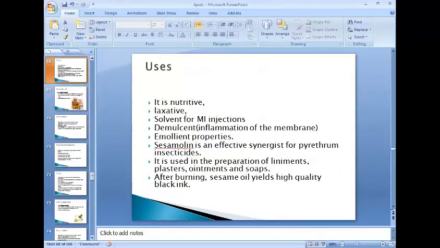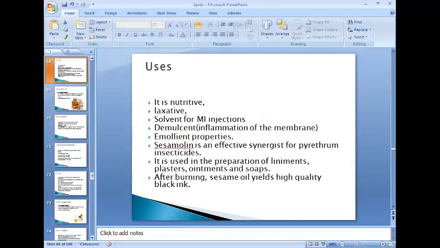It also has nutritive value, so used as nutrient, and has laxative property. It is also used as vehicle for injection, that usually intramuscular injection. It has demulcent and emollient property.